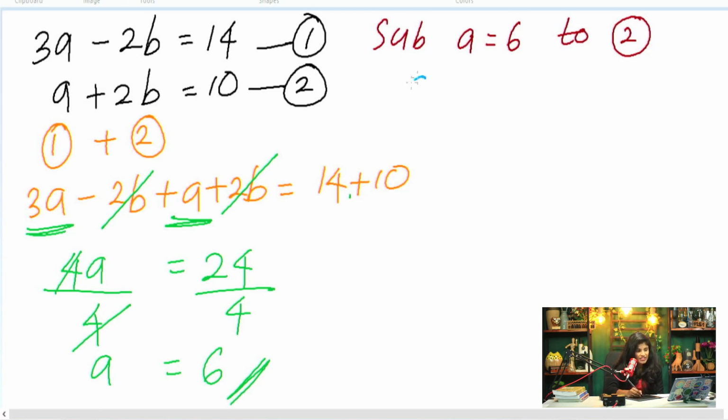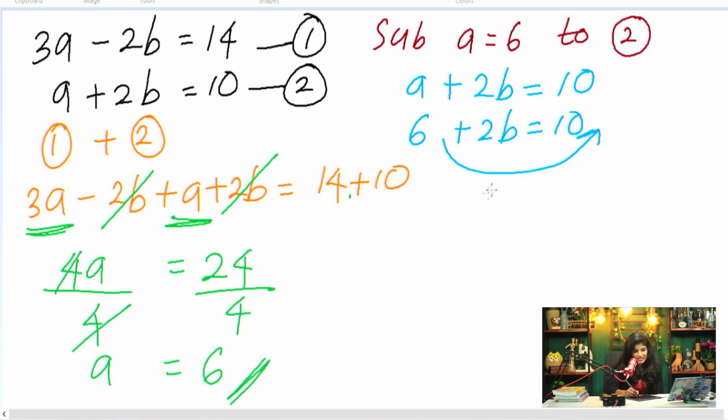The equation is a plus 2b equals 10. So a is 6, 6 plus 2b equal 10. I will carry the 6 to the other side. 2b equal 10 minus 6, that is 4. So the value of b is equal to 2. That's it. So the value of a is 6 and b is 2.